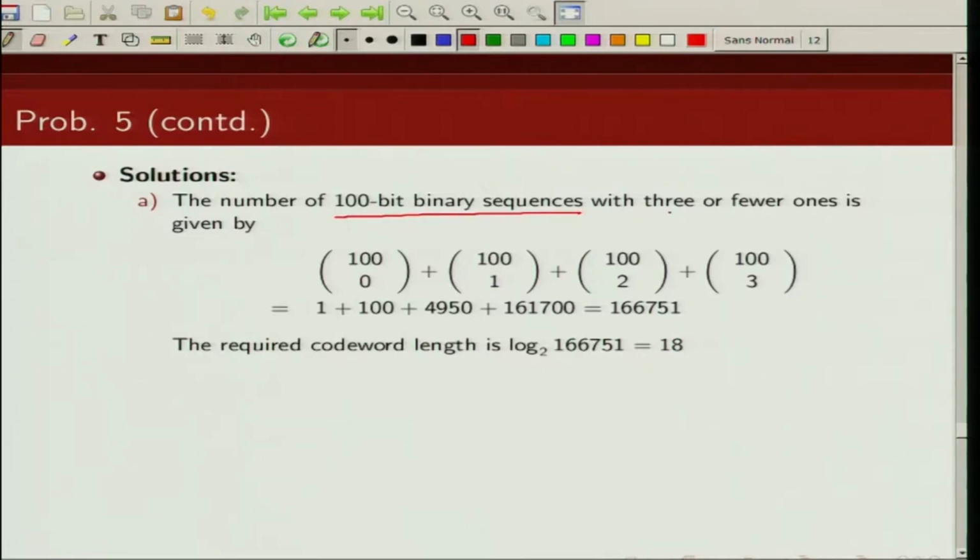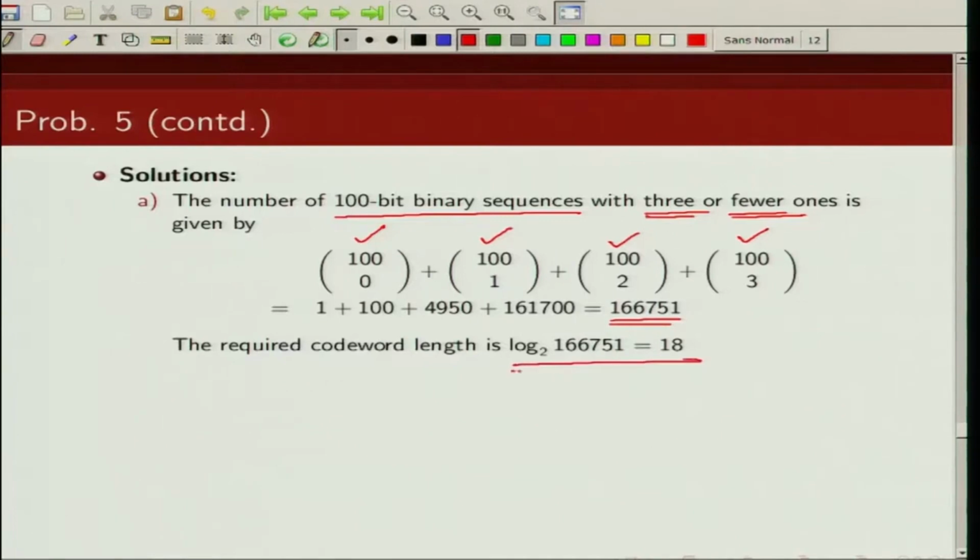What is the number of such sequences which have 3 or fewer ones? This is the number of sequences which have all zeros, this is the number of sequences which have 1 one, this is the number of sequences of length 100 which have 2 ones, and this is the number of sequences of length 100 which have 3 ones. So this total comes out to be this.